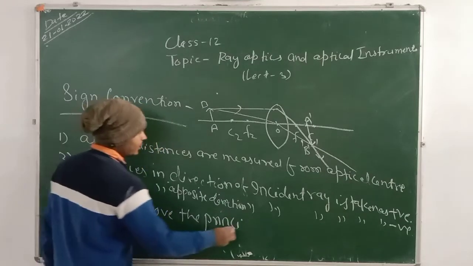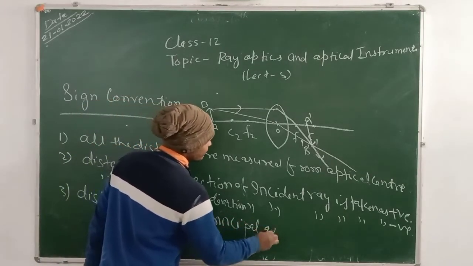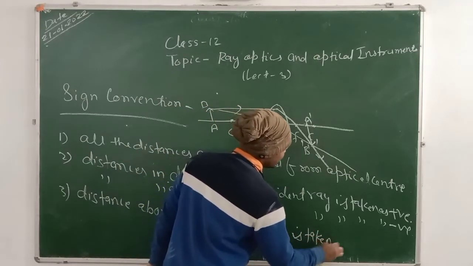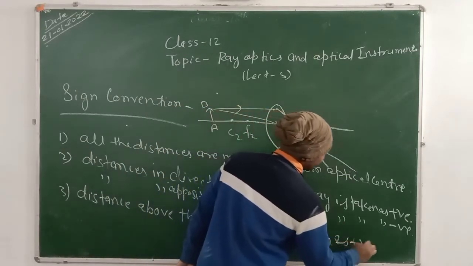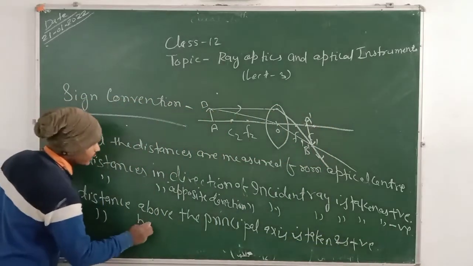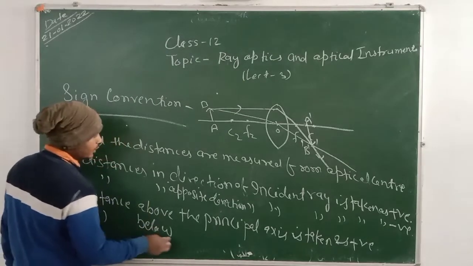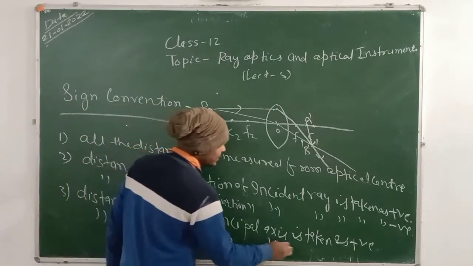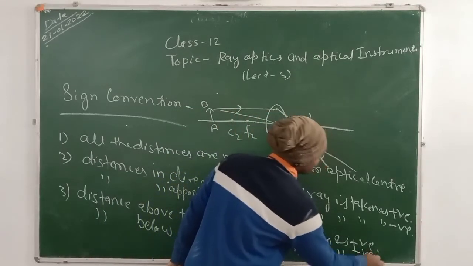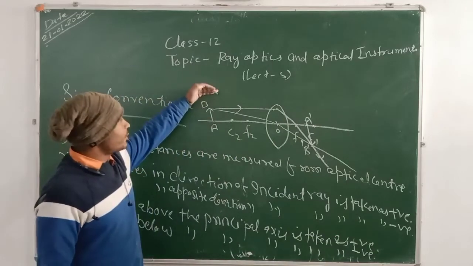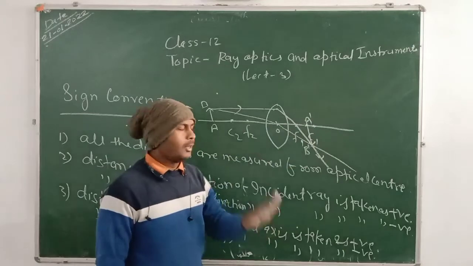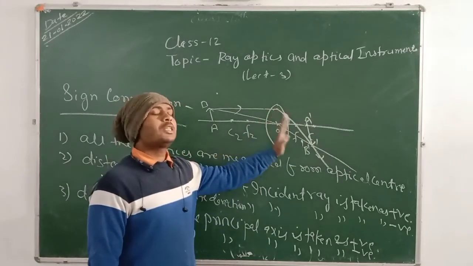Distances above the principal axis is taken as positive, and distances below the principal axis is taken as negative. Means distances above the principal axis will be positive and distances below the principal axis will be negative. And distances in direction of incident ray.